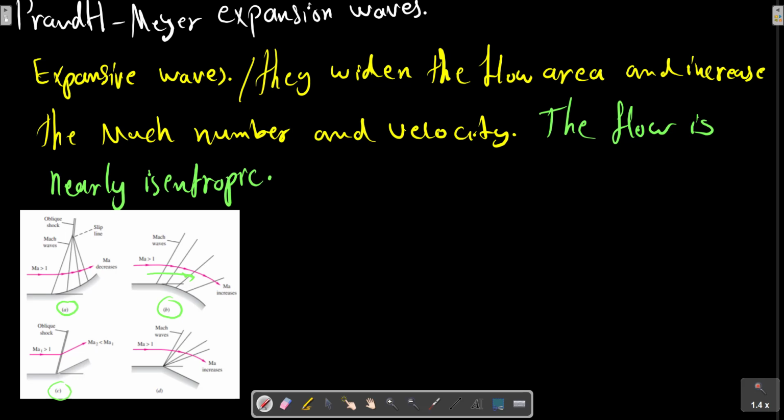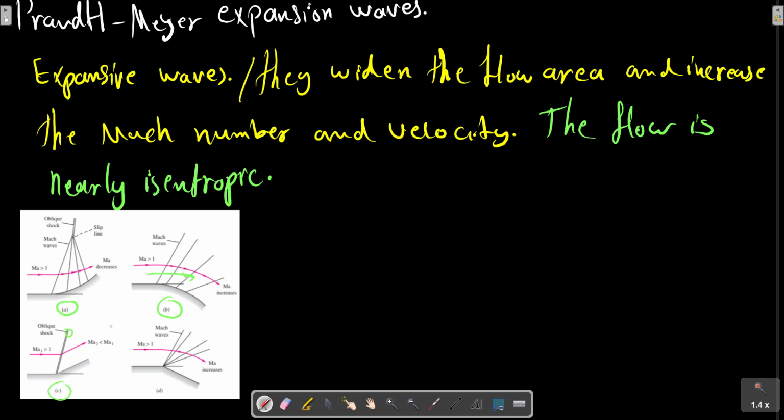The sudden compression of part C cannot be accomplished by Mach waves, and an oblique shock forms. This shock wave is non-isentropic. This could be what you would see if you looked at the A part from far away.